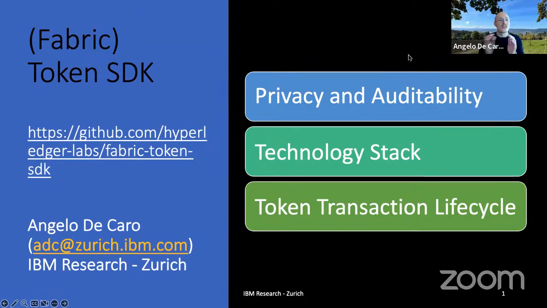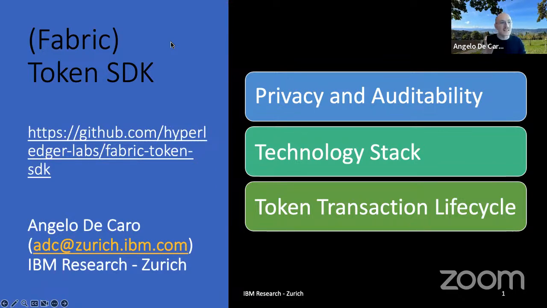All right, very good. So let's now move to this other section of the presentation and have a deep dive into one of the core assets that is behind all the efforts that have been described so far. It's the Fabric Token SDK.